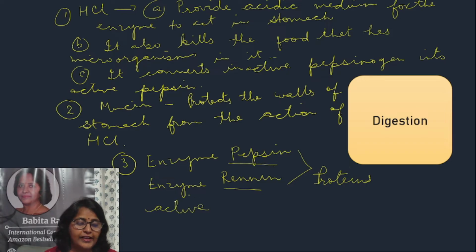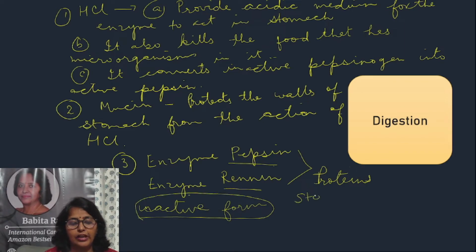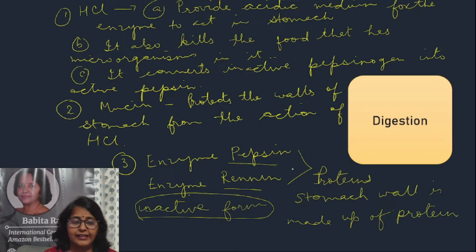They are always present in their inactive form. Why are they not present in active form? Because the stomach wall is made up of protein. If food is not present inside the stomach and they are present in active form, what will happen? They will start digesting the walls of the stomach.